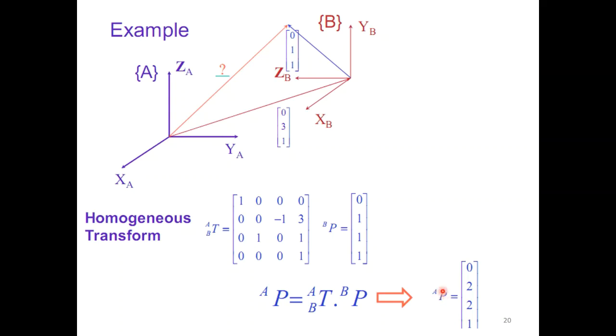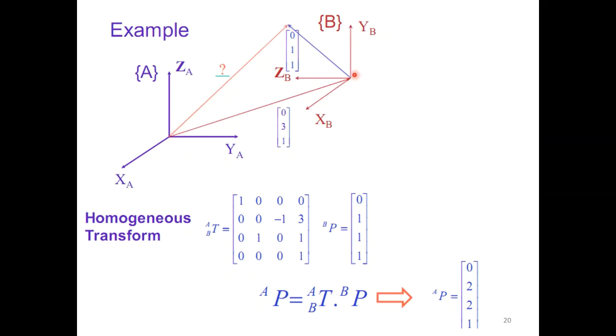Now the answer we have got is 0, 2, 2. That is, this point with respect to coordinate frame A is 0, 2, 2. Now let's check whether this is actually 0, 2, 2. Just a while ago, I explained that this triangle is on the plane, on the screen that you see, right?